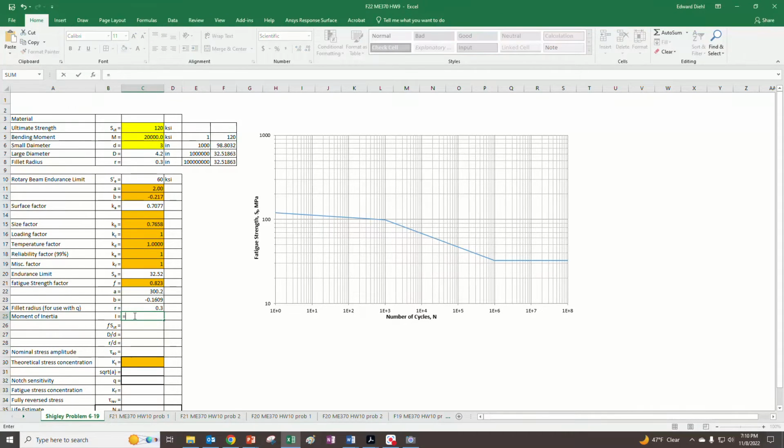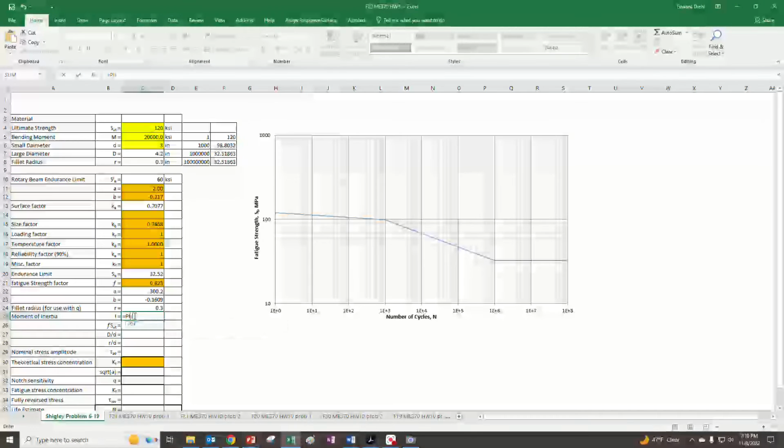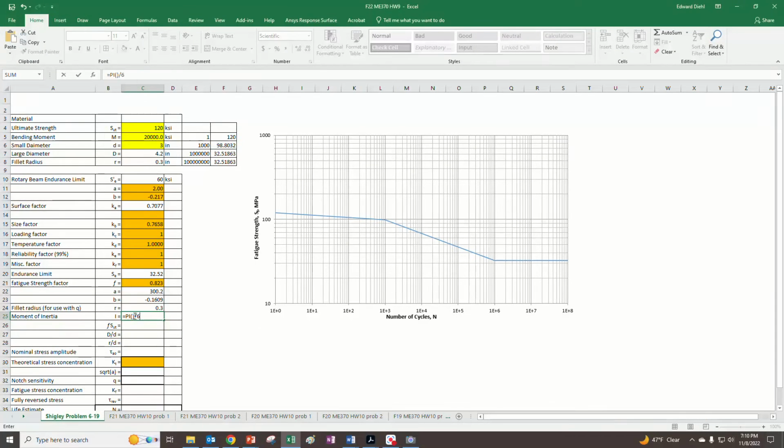All right, so let me get rid of this as an input, that's why it was not an input. I is going to be equal to pi divided by 64 times this diameter to the fourth. Is that right? I think so. I think I got that right. I didn't need that. I don't know why it has this.